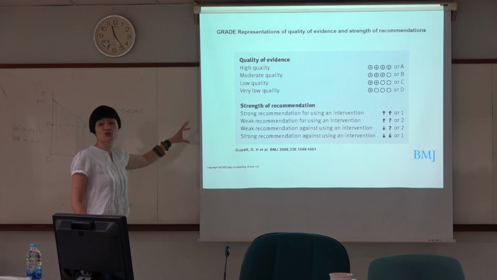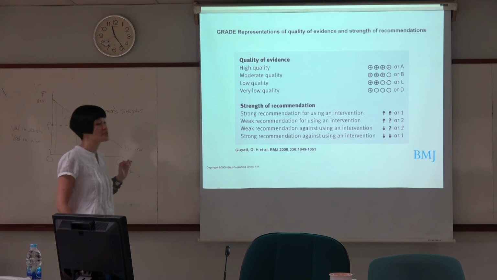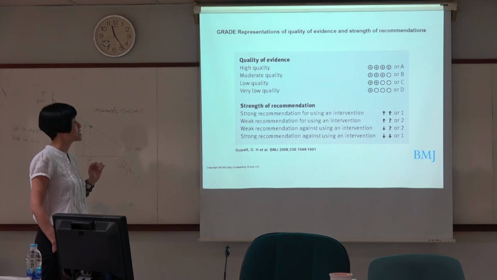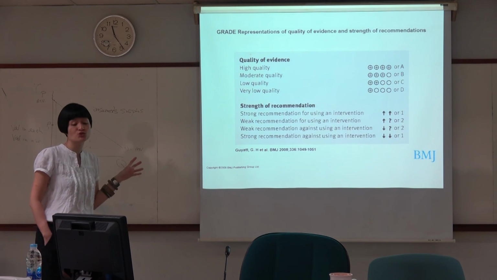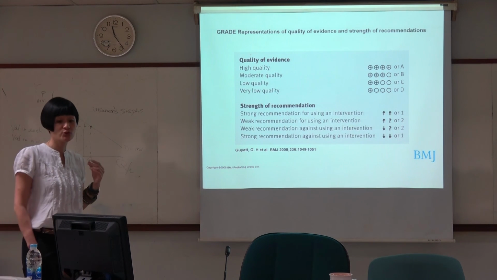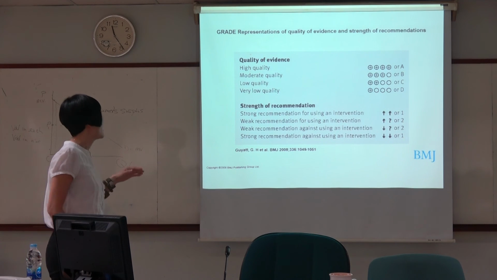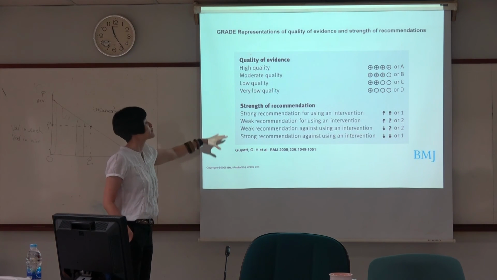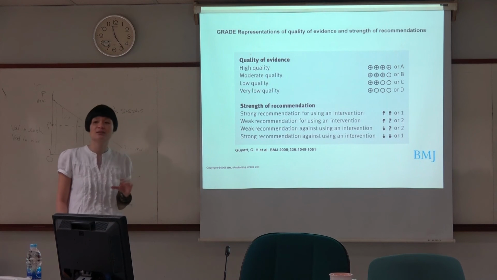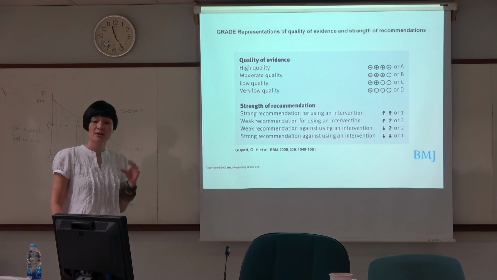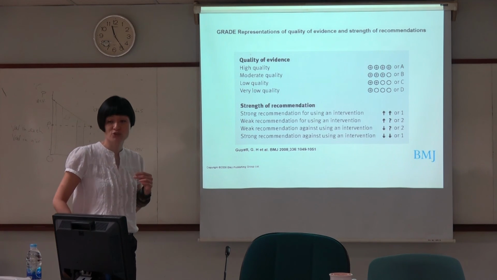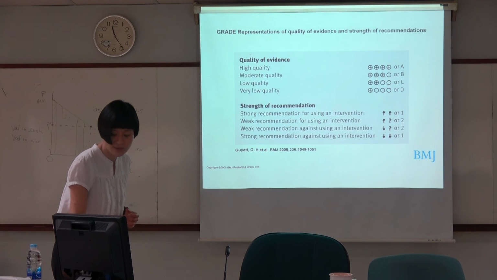So it's like a two-stage approach to presenting the results of your quality assessment in relation to your recommendations. So the GRADE tool is also a very useful tool. And this particular, the strength of recommendation, is particularly relevant for clinical guidelines, where they always make a very firm, succinct recommendation at the end of the evidence synthesis.